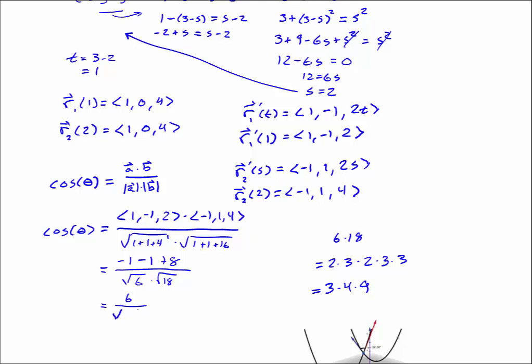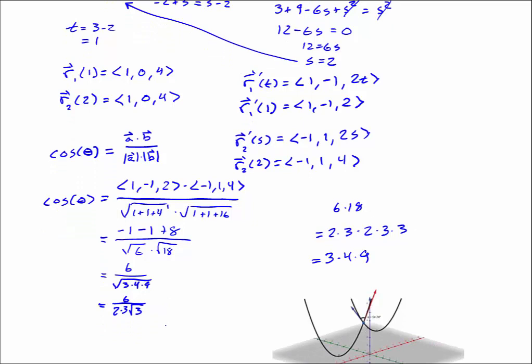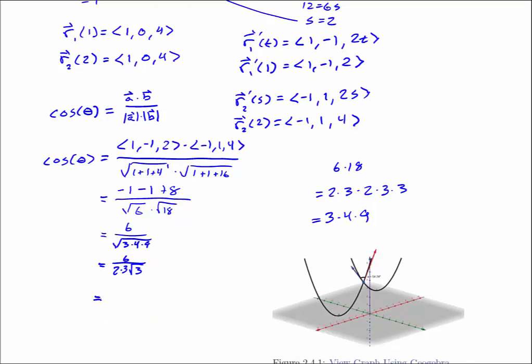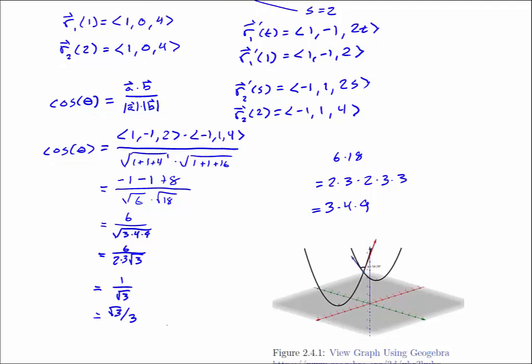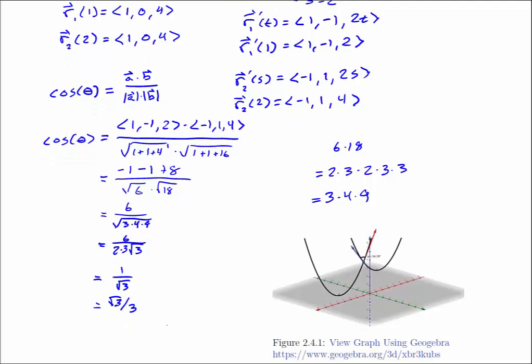So this is the square root of 3 times 4 times 9, which is 6 over 2 times 3, square root of 3, equals 1 over the square root of 3, and if I rationalize, that is the square root of 3 over 3. Okay, but that's not our answer.